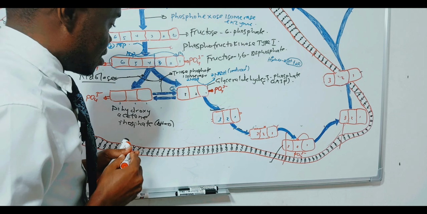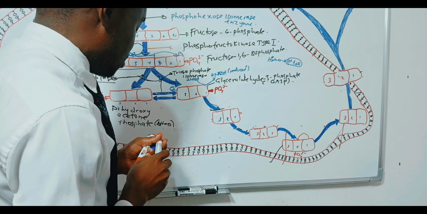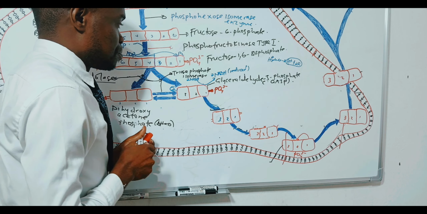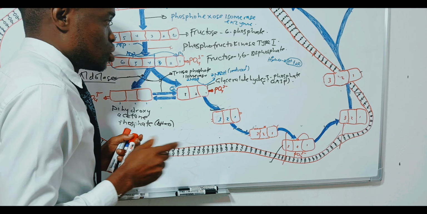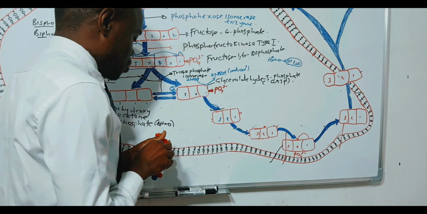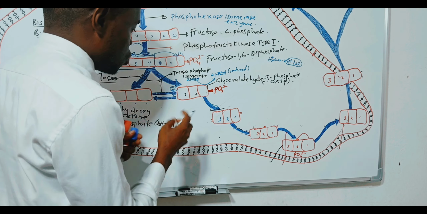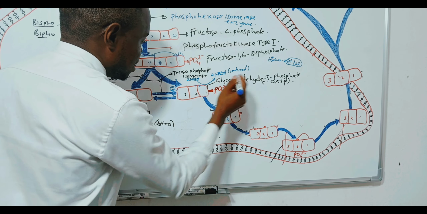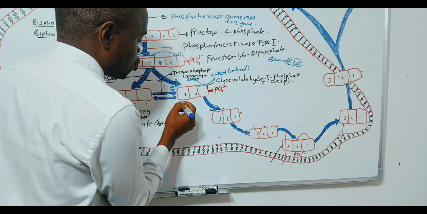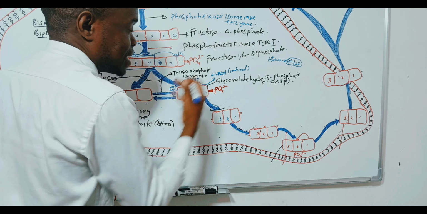Now what's going to happen is that there is a given electron carrier here, which is called NAD, oxidized NAD. It is going to react with the GA3P here, and it is going to dehydrogenate, removing the hydride ions.